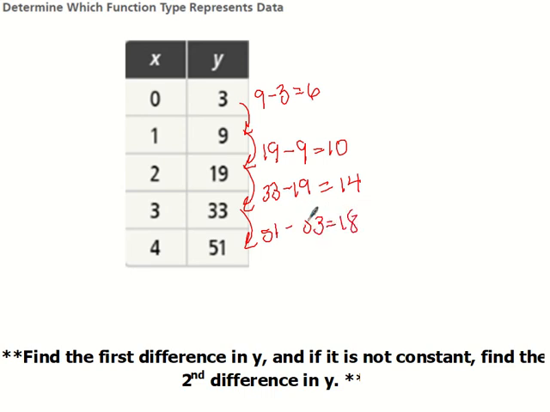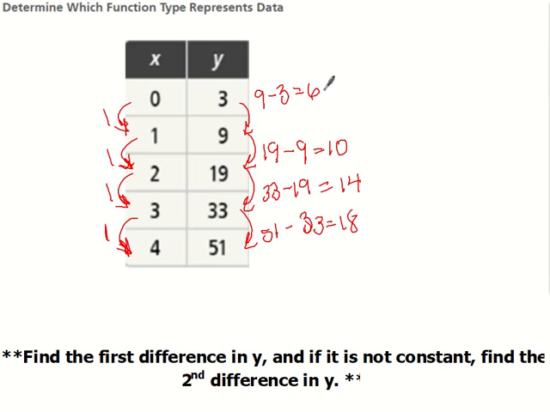So we already know that this is not constant, because also this is all 1, right? So we know it's not going to be constant. These are supposed to be arrows, because these move by 1, and these all move by different amounts, 6, 10, 14, 18. So what we do is we then check this next difference, and I'm going to do it in another color.